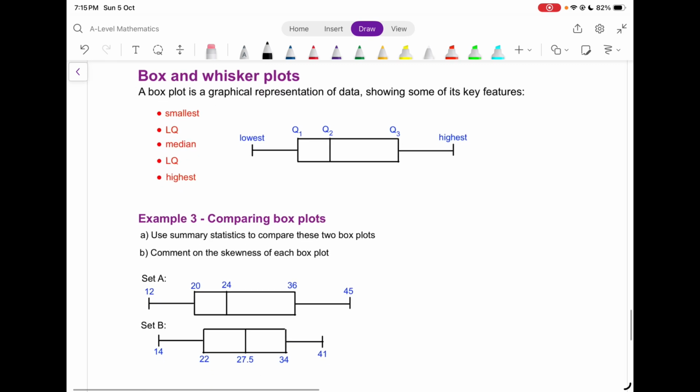So this is the box and whisker plot. Briefly talking through it, the lowest and the highest are over here, and it's pretty much the same as GCSE.